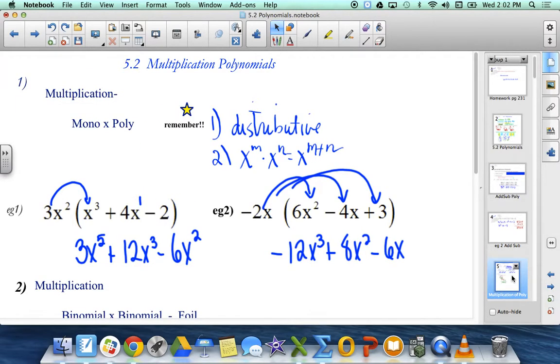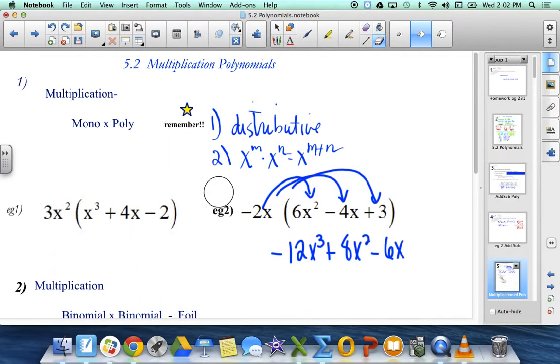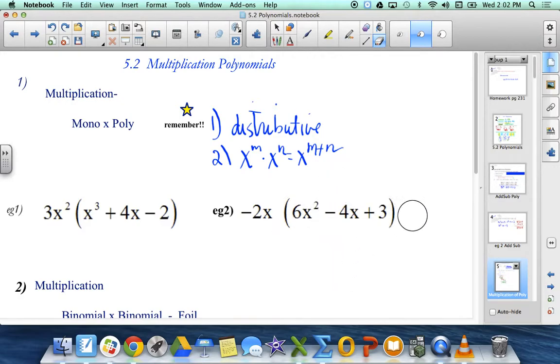So next I want to talk about multiplying monomials times polynomials. You need to remember two things. You need to remember to distribute, and you need to remember the rule x to the m times x to the n. You're going to add your exponents.